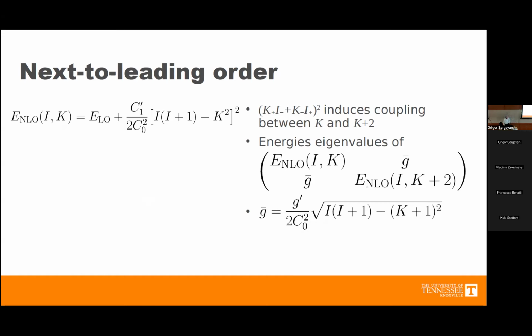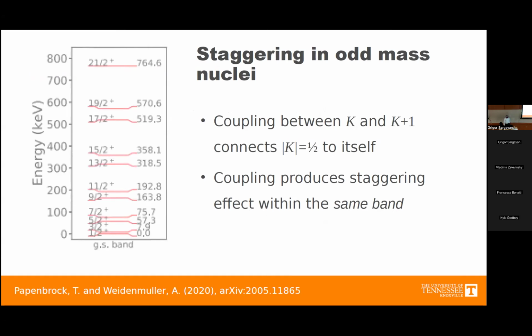So exactly what that means is in terms of odd mass nuclei, which, wow, that's lower resolution than I thought. But this is a rotational spectrum for plutonium 239, which has a rotational ground state band starting with k pi equals 1/2 plus.